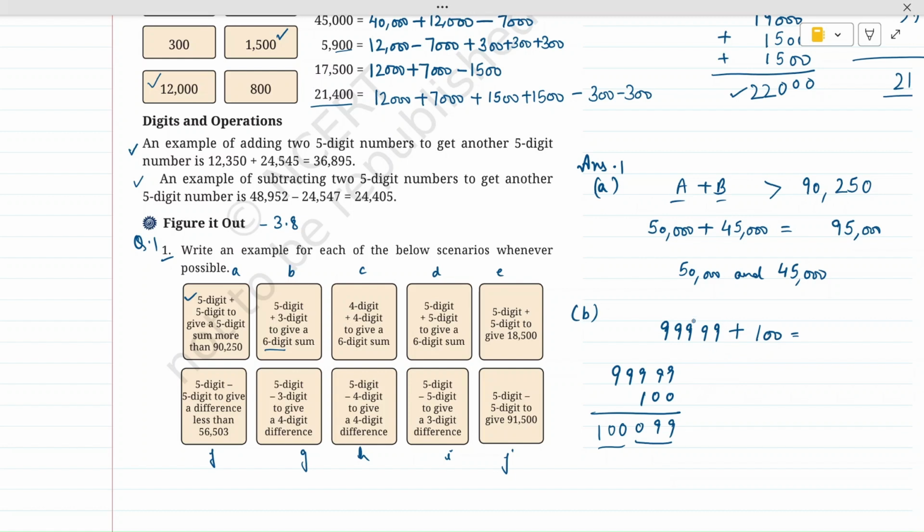The first number we took is the largest 5-digit number, and for the second number I have taken a 3-digit number, 100. When we add, we get a 6-digit sum.